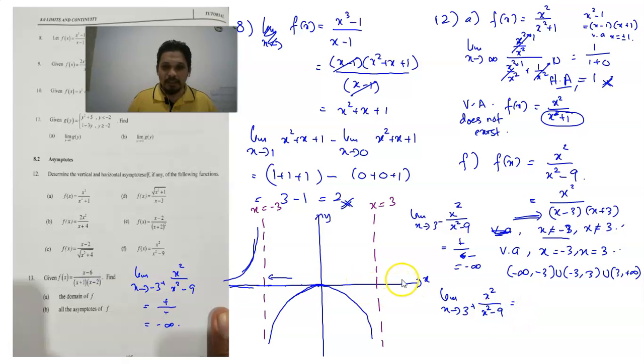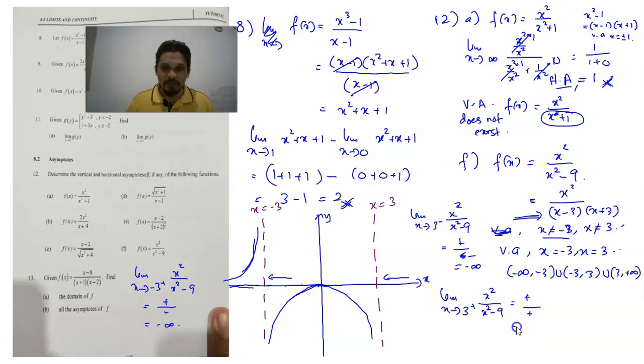Just imagine it is 5, 4, 3.5, 3.2, 3.1, 3.01. 3.1 is greater than 3. 3.1 squared is positive, 9.61. 9.61 minus 9 equals positive 0.61.